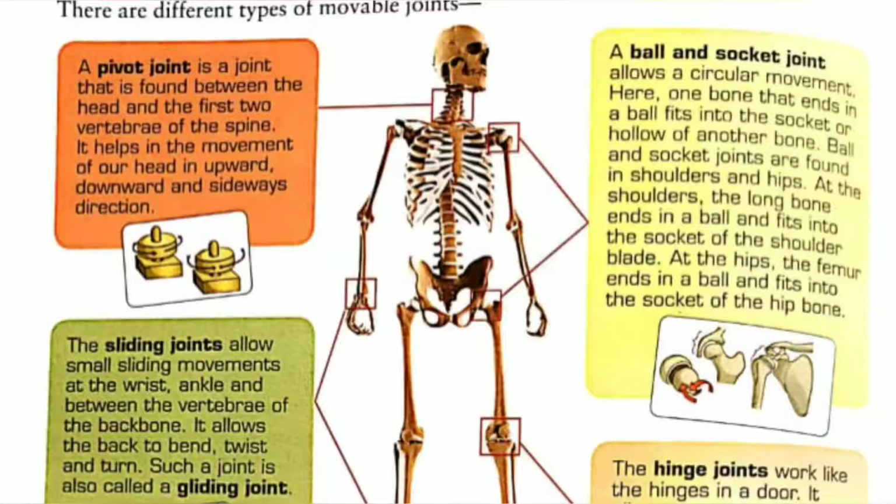So the ball and socket joint is just like a cup, and in that cup a ball is kept properly, and in this way the ball rotates in all directions or performs a 360-degree movement.